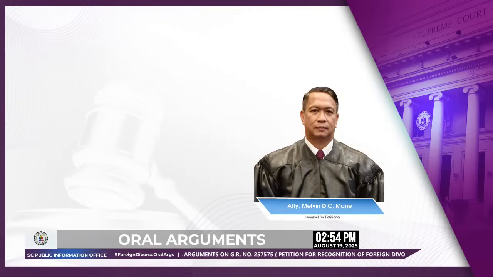In this case, divorce happened when petitioner was a Filipino, so the Philippine law applies, and strictly speaking, the divorce is void. However, when the petitioner later became a foreign national, his personal law changed to that of foreign nationality and ceased to be governed by the Philippine laws. This means that the divorce he obtained while still a Filipino became valid and effective under his new personal law after his citizenship change.